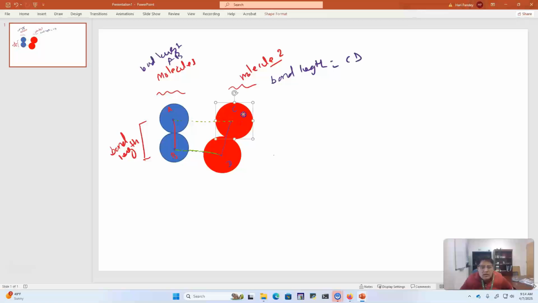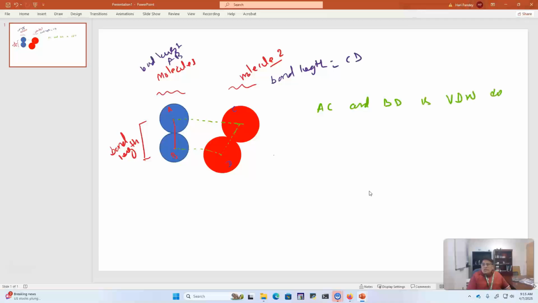Let me make it a little farther for your ease. CD is the bond length, but the BD distance is one distance, and the AC distance is another. The distance between two non-bonded atoms, AC and BD, is the van der Waals (VDW) distance.